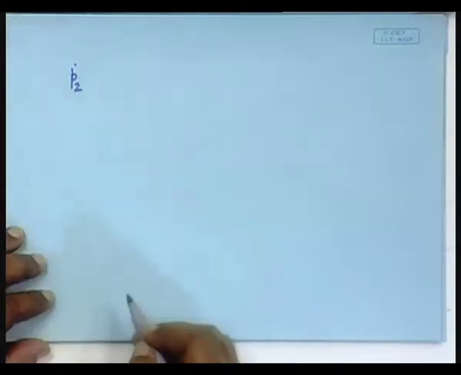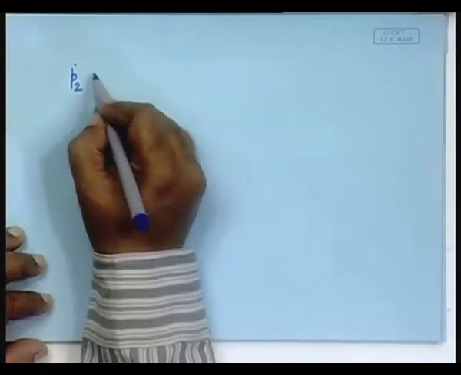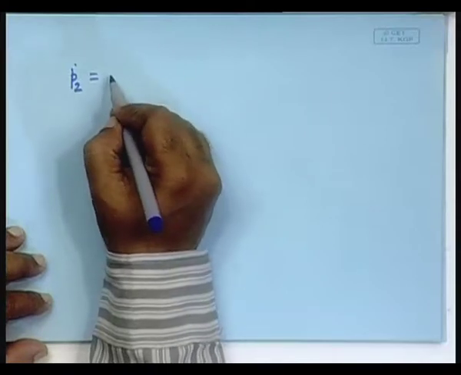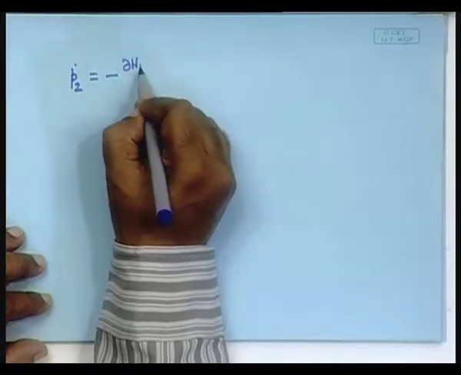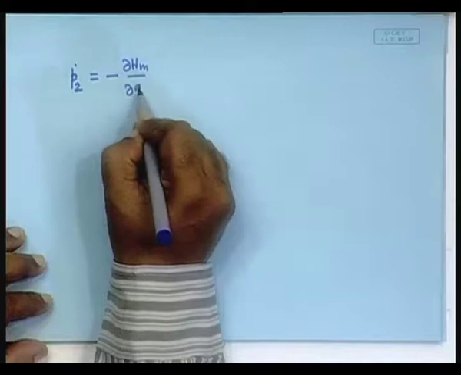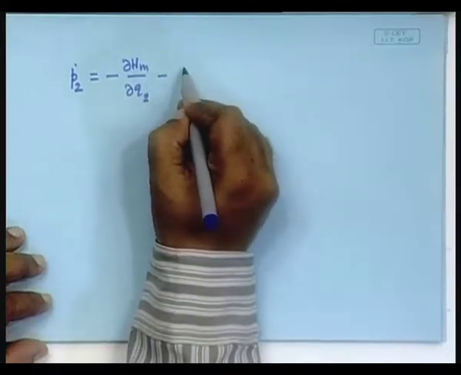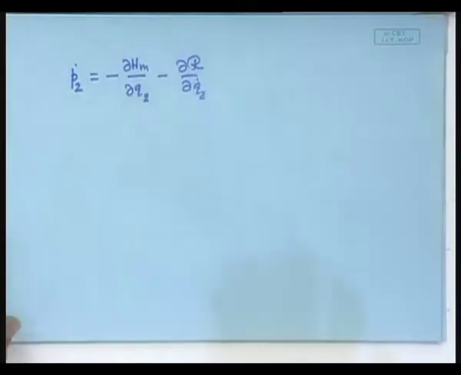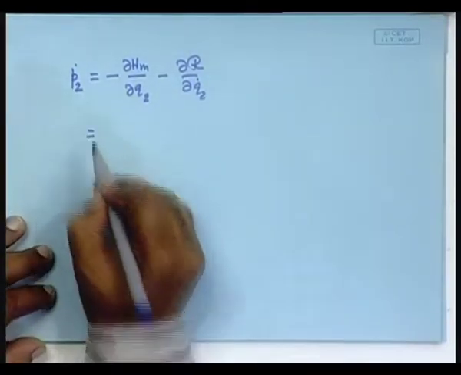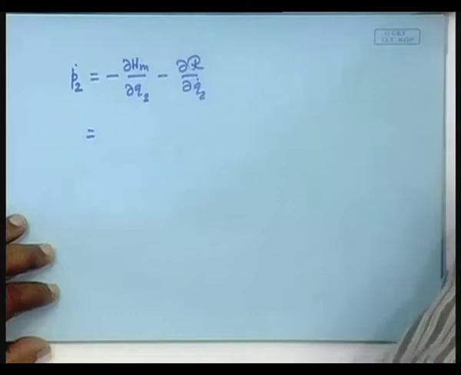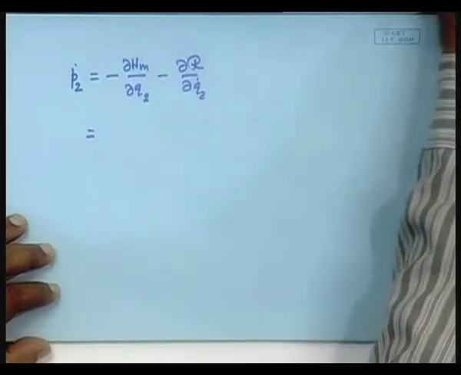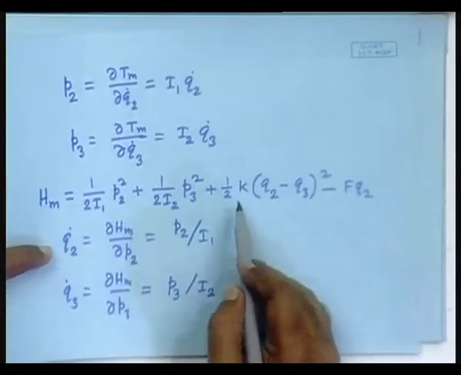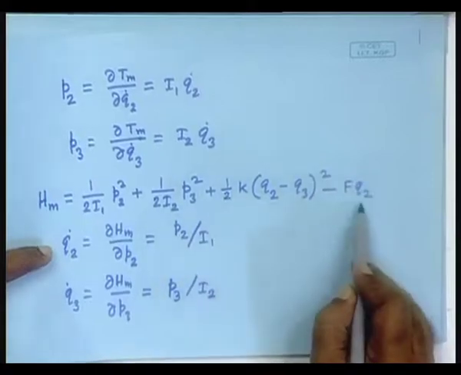P2 dot, that will be, let us first write and then evaluate, del Hm by del Q2 minus del R. That is what? The first term when differentiated with respect to Q2 yields two terms here, fine.